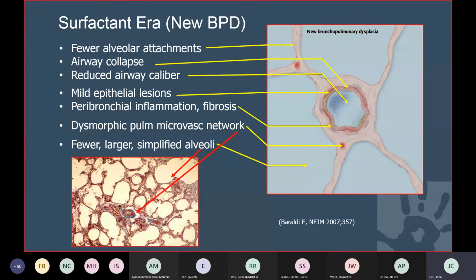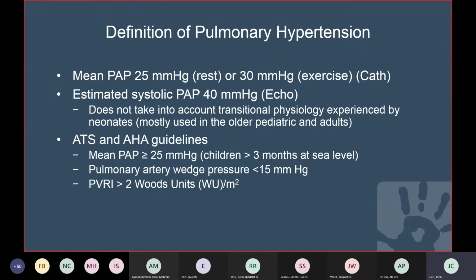And the cartoon of this, associated with the photohistomicrograph, shows fewer alveolar attachments, airway collapse and a reduced airway caliber, milder but nevertheless still present epithelial lesions, peribronchial inflammation and fibrosis, although again milder, a dysmorphic pulmonary microvascular network here and here in the photohistomicrograph, and then also fewer and larger alveoli, as pointed out here, as well as in the cartoon. So these are the primary features of the new BPD.